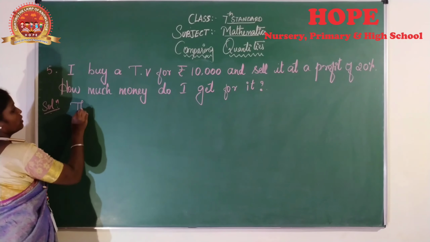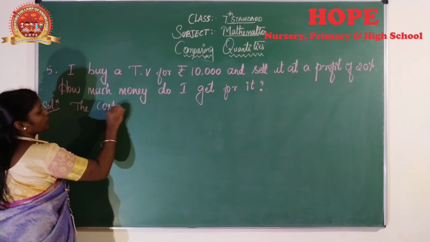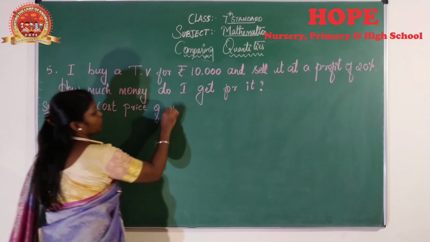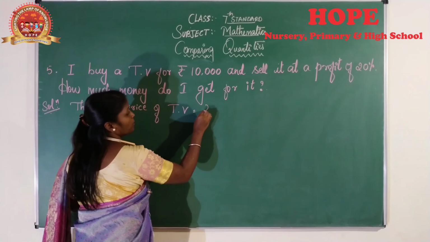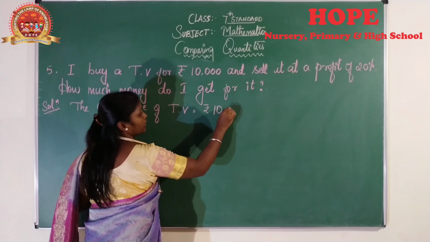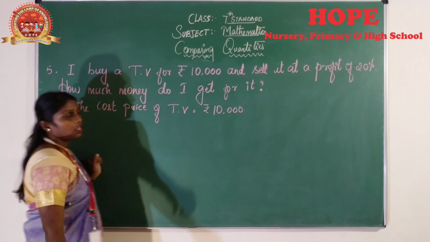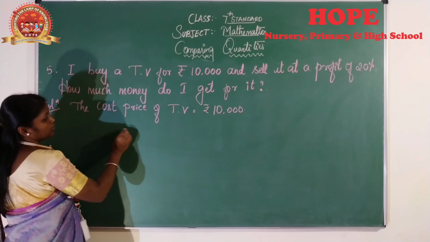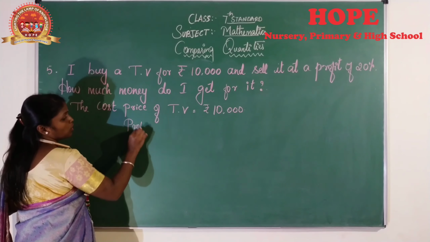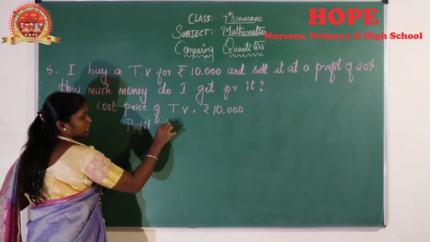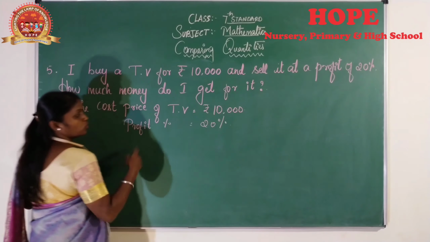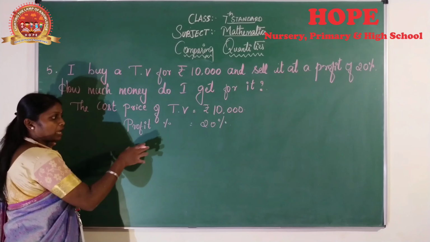So, firstly we will write the cost price of the TV is equal to how much? Rupees 10,000. Okay. So then what they have given is the profit percentage. So profit percentage is equal to how much? 20%. So now what we have to know is the profit amount.